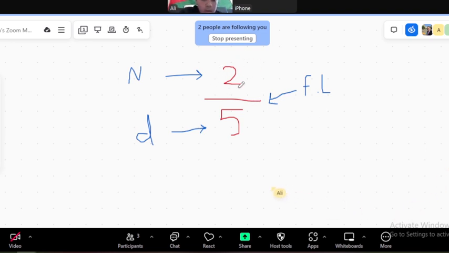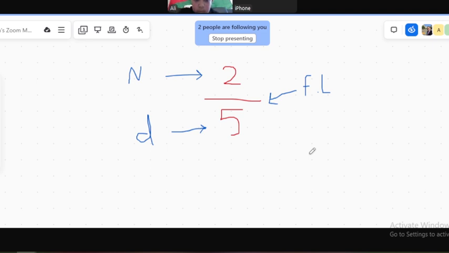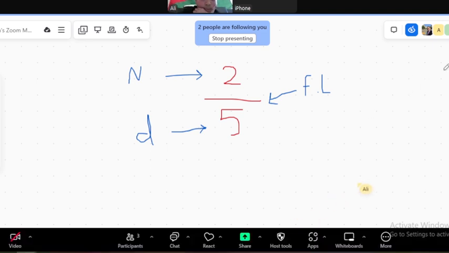This number is called numerator. It represents the shaded part or used part. Looks like this shape.